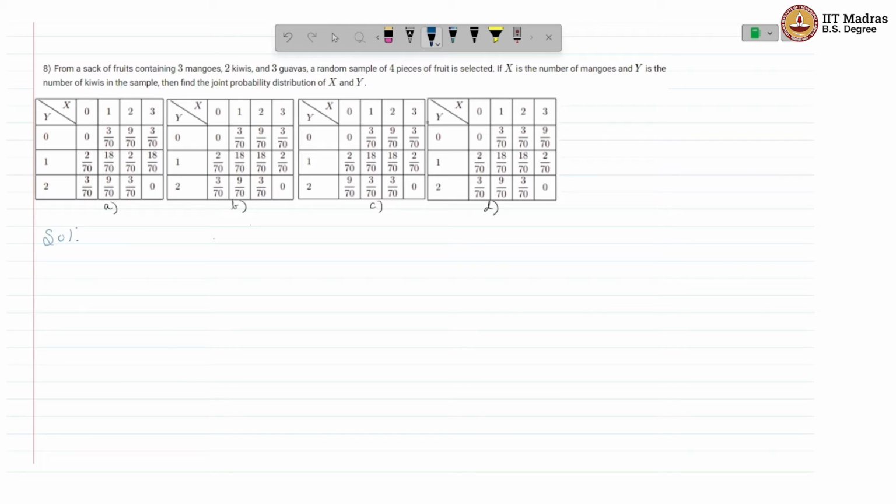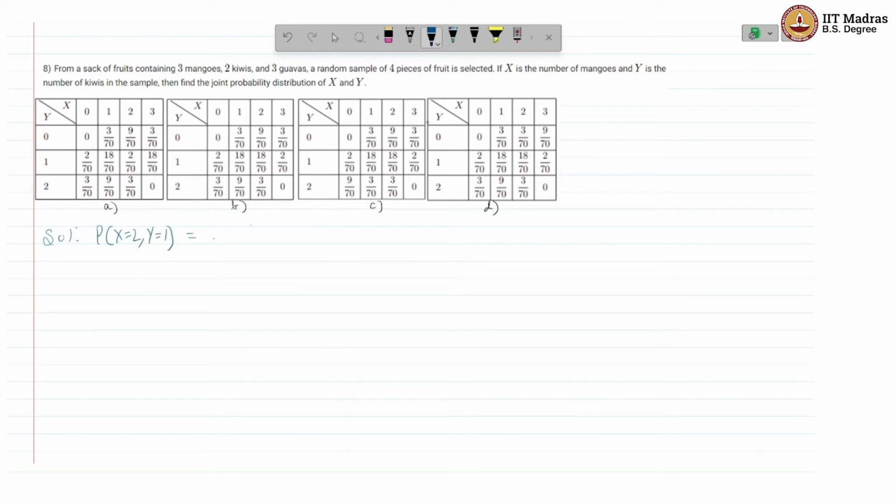We should calculate the joint probability of x and y pairs for which probabilities in different tables are different. For example, the joint probability that x is equal to 2, y is equal to 1 is different in table A and B. So let us calculate this joint probability.